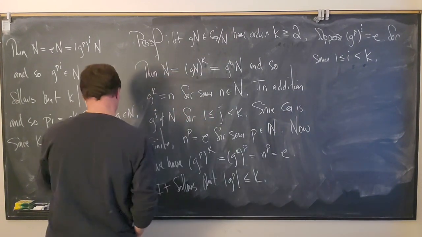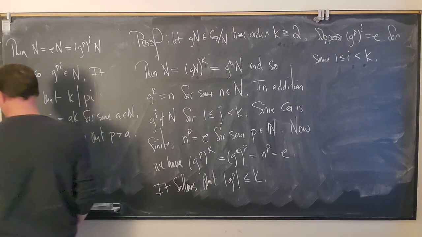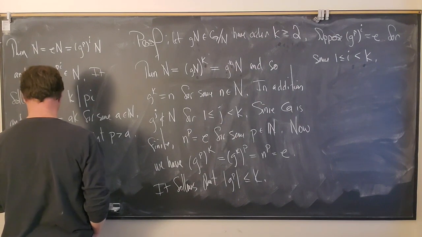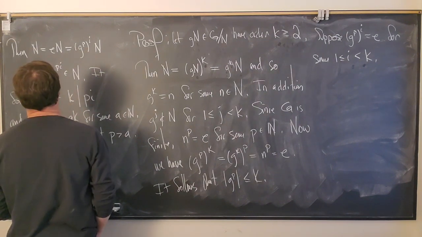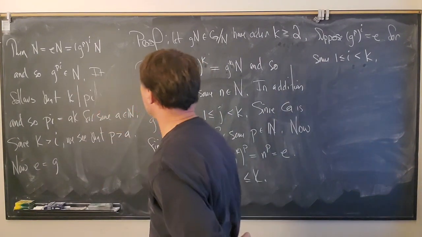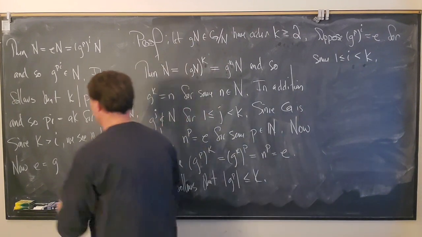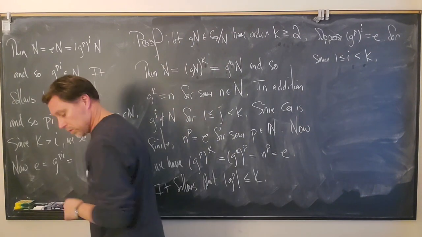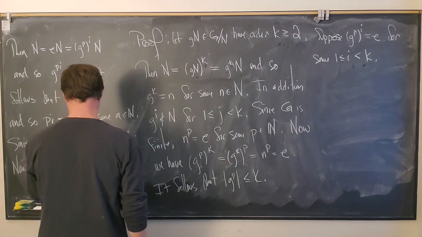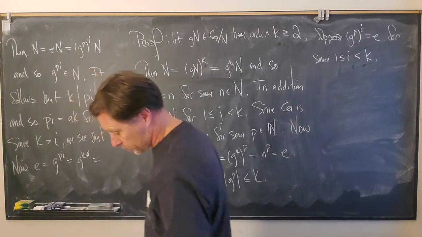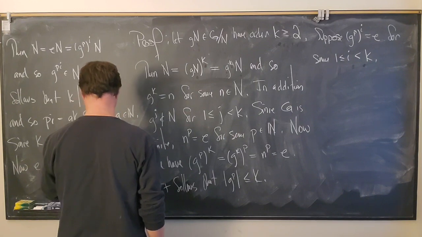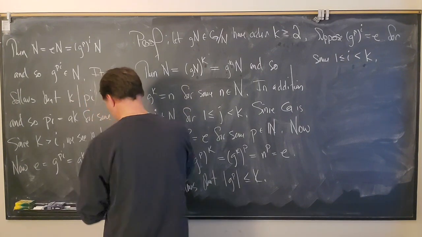So now, g to the p i equals g to the k a, which is equal to, sorry, g to the k.